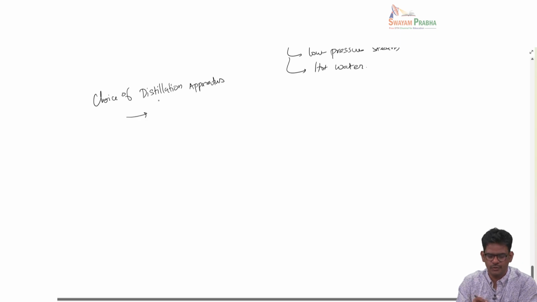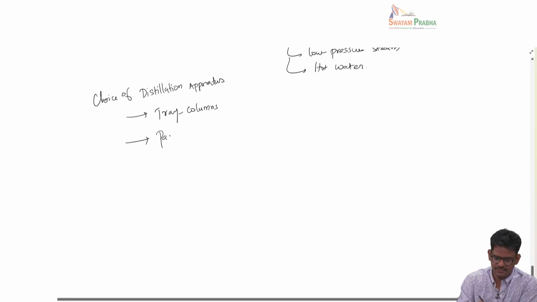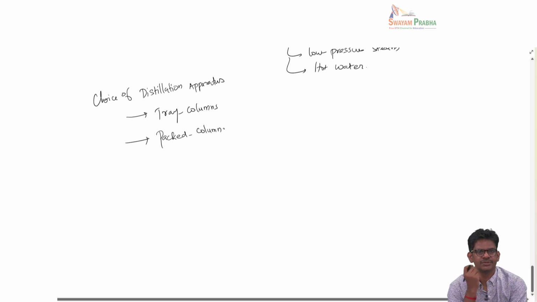One common or natural choice is tray columns. And then we also talked about in absorption and stripping that packed columns can also give a good contact between the gas and liquid phases. So we have two choices to make, whether you should use tray columns or packed columns.